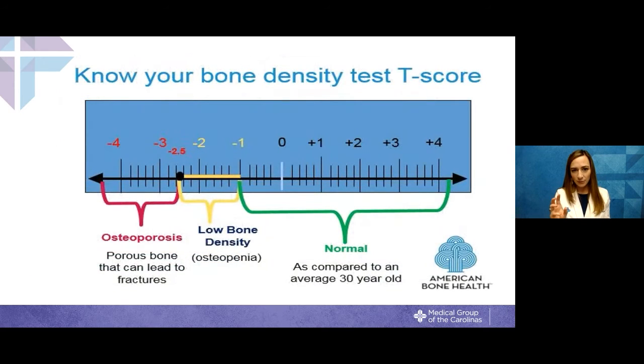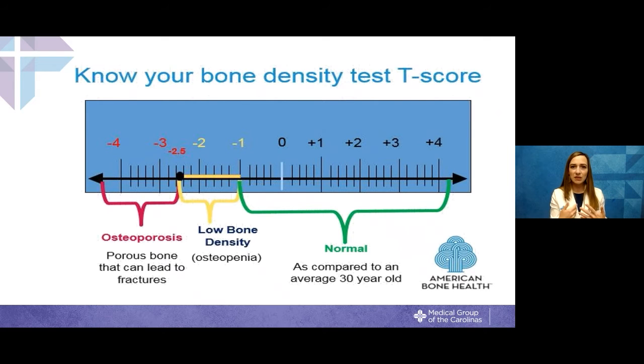So we're going to take that number and we're going to throw it on a scale. Lots of disorders are more like a spectrum than a true black and white, right? And osteoporosis is really no exception there. So it's like a traffic light. We have a green side of the scale, and that's all of our good normal bone. That's going to be positive numbers primarily, all the way down to -1. And then we have our yellow zone. Now, the yellow zone is what we call osteopenia.